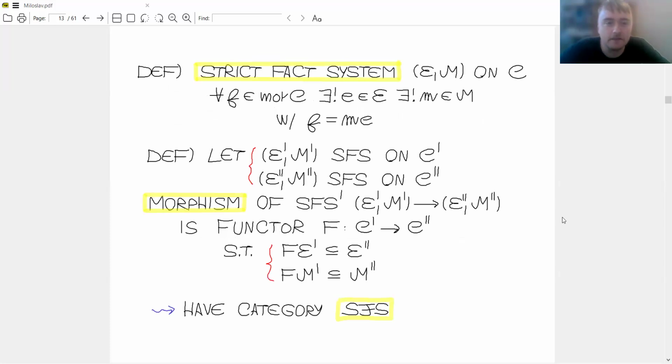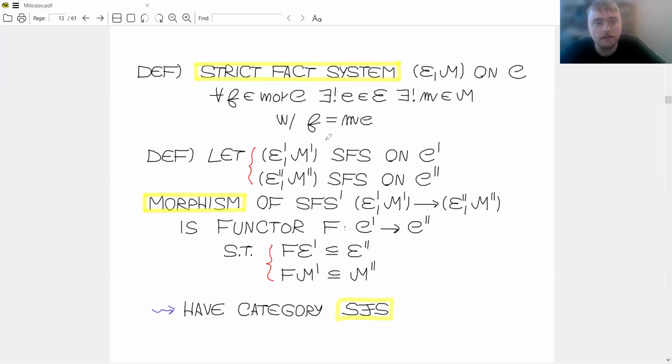Okay, so what is a strict factorization system? It consists of two subcategories of a category with the property that every morphism factorizes as a morphism from E followed by a morphism from M. And this factorization is unique, not unique up to isomorphism, but unique on the nose.